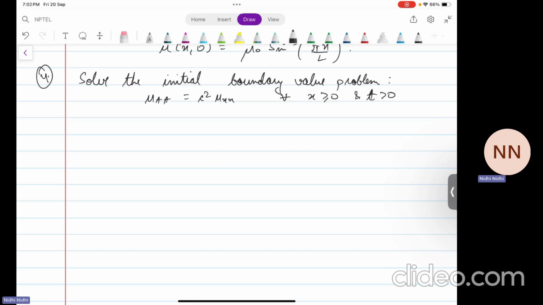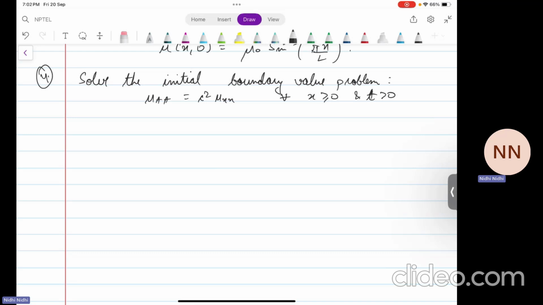So in this case, the string is of infinite length, and since we can't find the second boundary condition, that means basically we have just the initial value. So in that case, we cannot use the method of separation of variables, because we won't be able to eliminate some lambdas and we won't get a similar scenario.